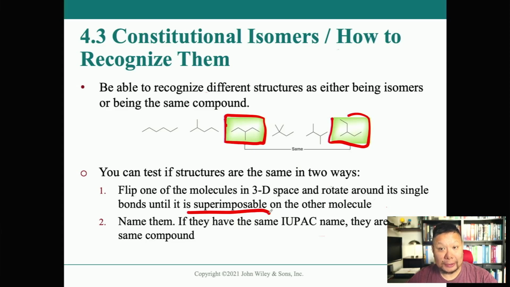The nitrogen had an sp2 hybridization state. Why? Because it had delocalization of the electrons. That means it has overlapping pi orbitals, which means it's got a partial double bond, which means you can't spin around the bond between the nitrogen and the carbon of the amide bond.